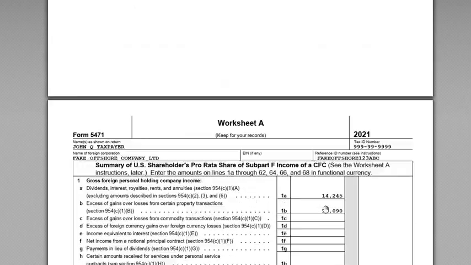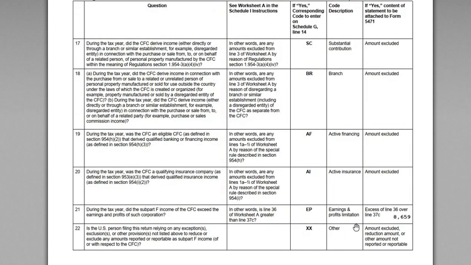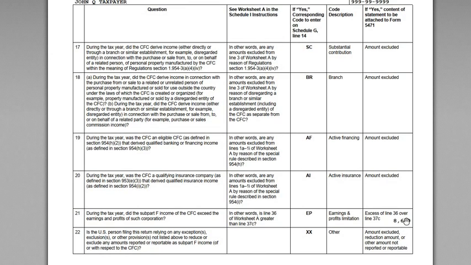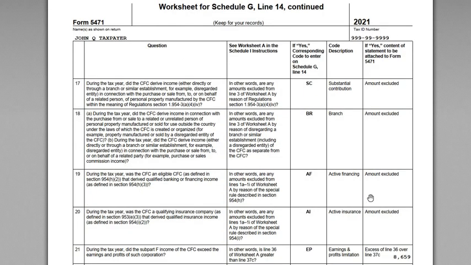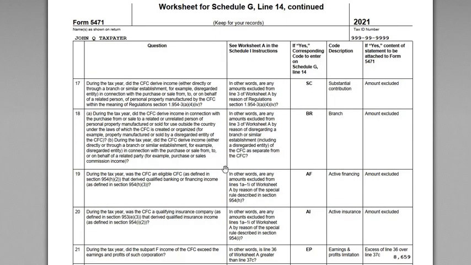So what we're going to do here, per the worksheet instructions, it asks us to enter the excess of line 36 over line 37, right? And so that is the E&P limitation. That is the excess of Subpart F over earnings and profits for the current period. Okay, so you want to do this worksheet in its entirety, but as it notes here, this is kept for your records.